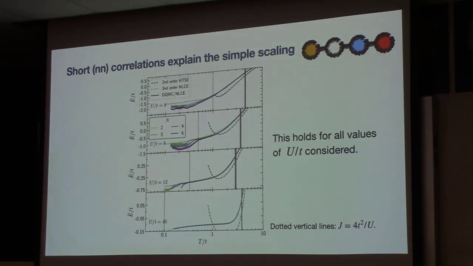And the very nice thing is that this understanding holds for all the values of U over t considered. So for U equal 8, 12, and 40, the dashed lines fail to reproduce what's going on, but the dotted lines nicely follow the results.